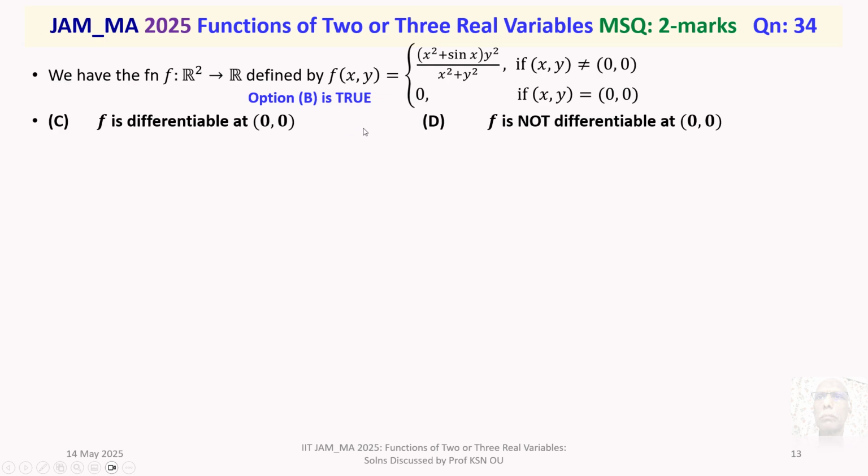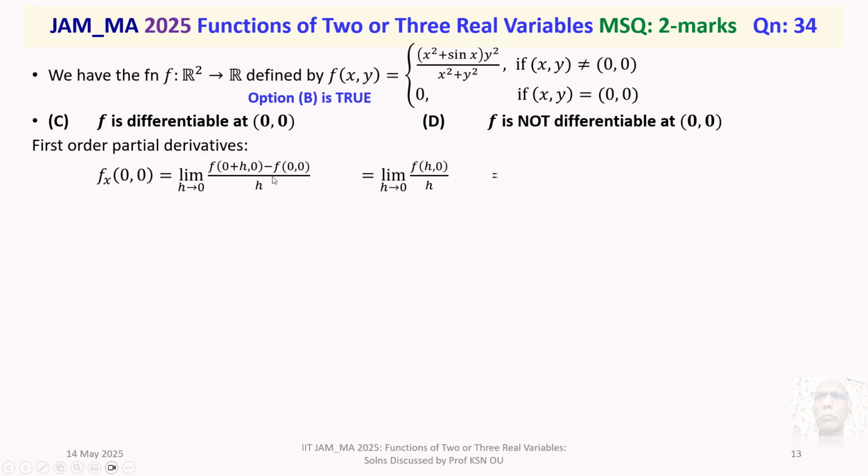We don't have first order partial derivatives so far, therefore we compute them now. The first order partial derivative fx at 0 comma 0 is limit h tends to 0 of f of 0 plus h comma 0 minus f of 0 comma 0, by h. F of 0 comma 0 is 0. This is limit h tends to 0 of f of h comma 0 by h. Substitute in this. This is 0. Right.